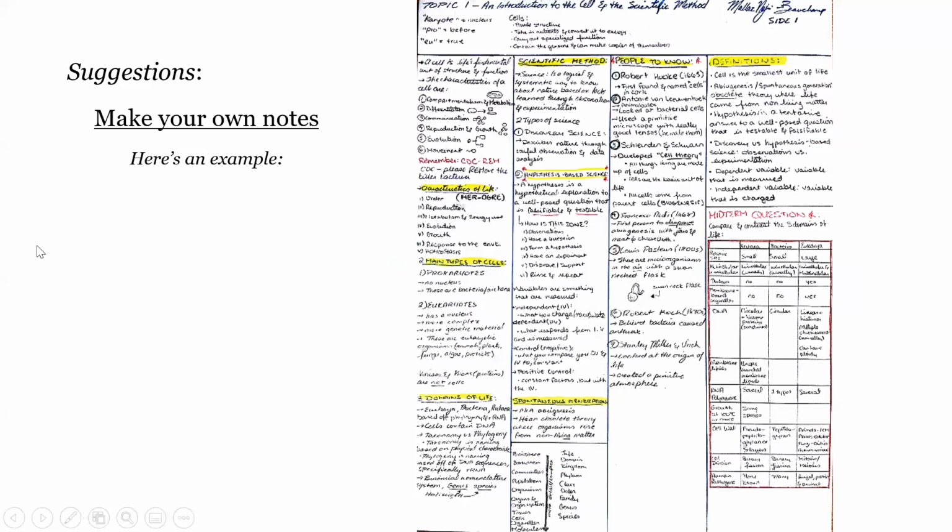Here's an example of some notes done by a previous student in this class, and this guy did very well. His name is Malaz, and he was gracious enough to share his notes with me. He was showing me what he did, and I thought it was an interesting little system. He would take each topic in Biology 107, make his initial notes, and after he made his initial notes, he made a one-page summary of that topic.